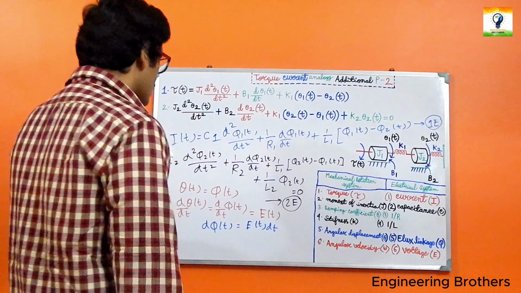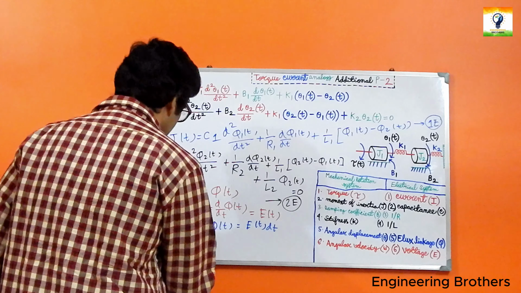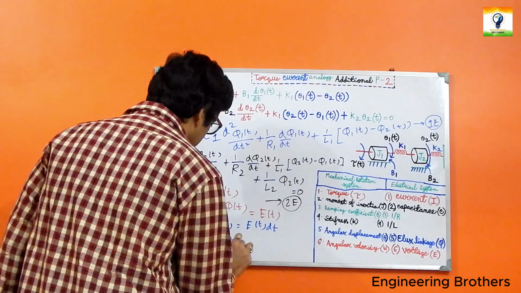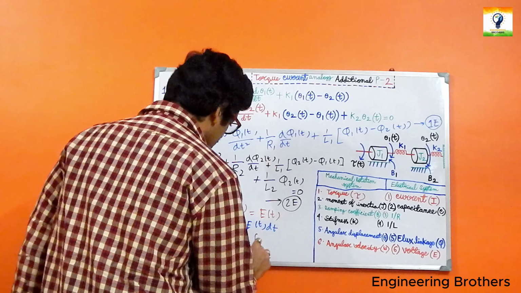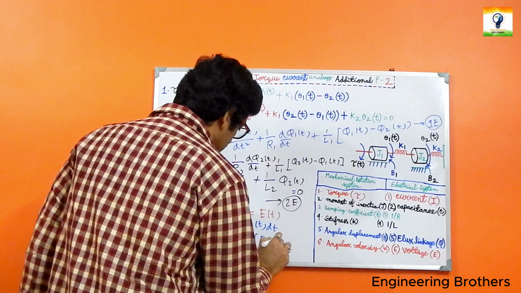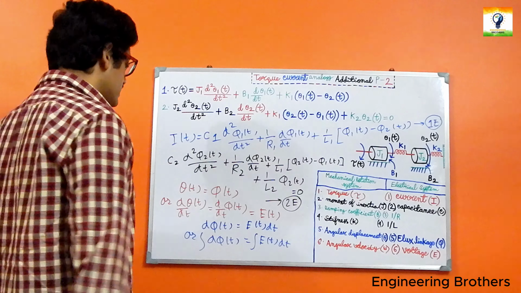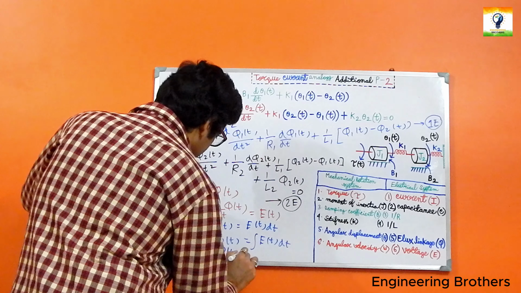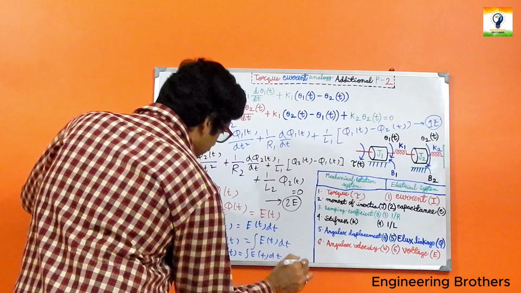Now if you take the integration on both sides, we get integration of d phi t equal to integration of E t dt. And we know that integration of d phi t gives phi t. So phi t is quite naturally the integration of E t dt.